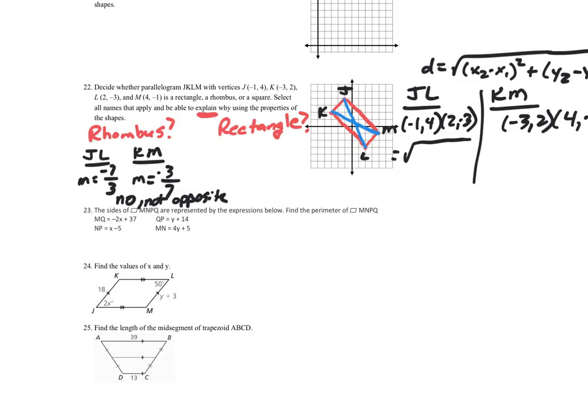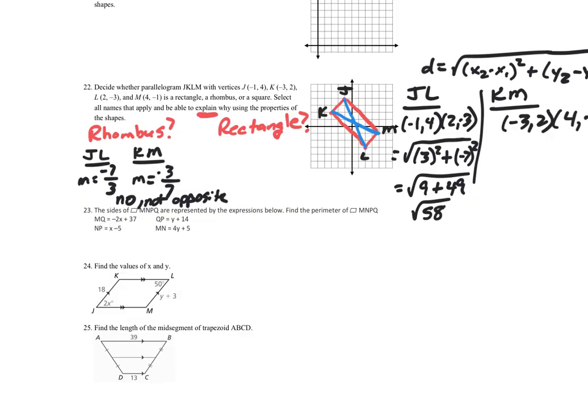I'm going to do 2 minus negative 1. 2 minus negative 1 would really be 2 plus 1, which is 3 squared. And then we're going to do negative 3 minus 4, which is negative 7. Three squared would be 9. Negative 7 squared would be 49.